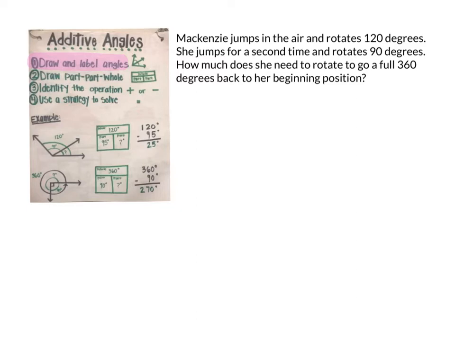So going back to our problem, Mackenzie jumps in the air and rotates 120 degrees. So she's jumping and she's rotating or spinning in the air. So first thing I want to do is go ahead and draw that 120 degrees. Your drawing does not have to be perfect, right?